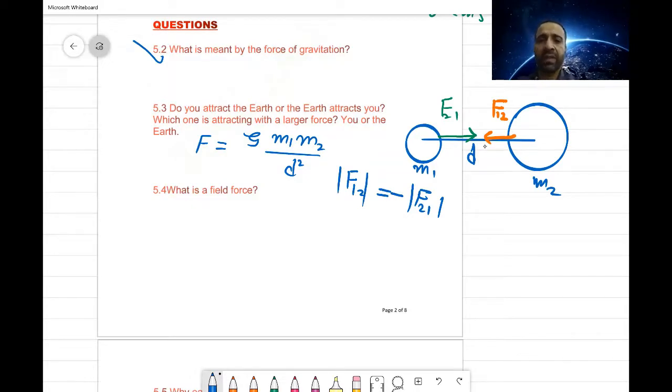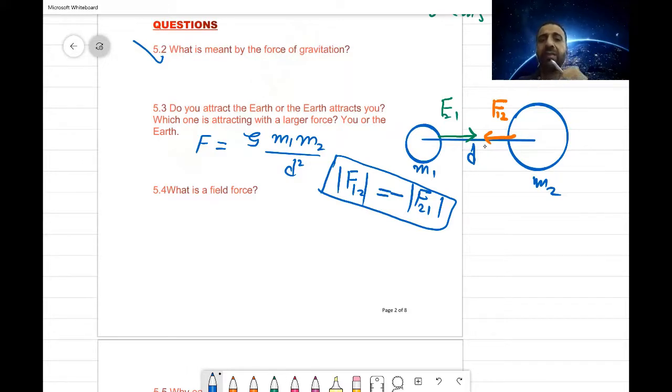This is the force 2 on 1, the force that body 2, the earth, exerts on you. And this is the force 1 on 2, that is body 1, you, exerting on the earth. So definitely these two forces are the same in magnitude. You and the earth both exert the same force on each other. You are attracting each other with equal force.